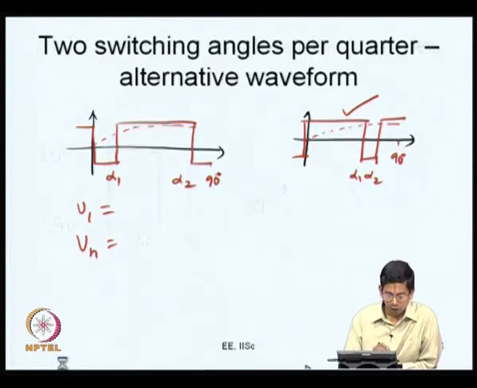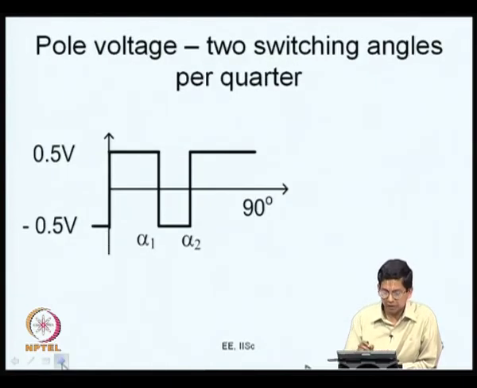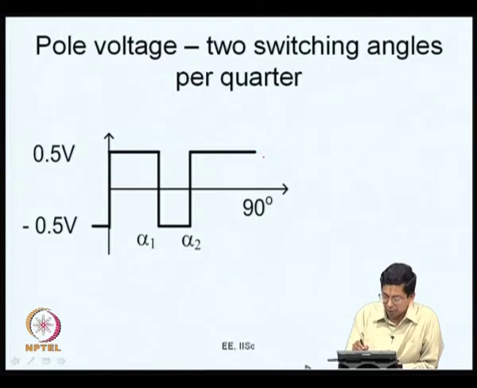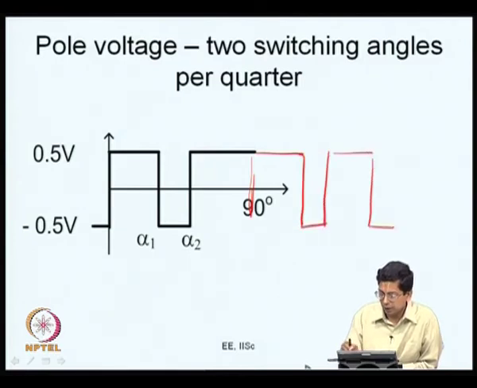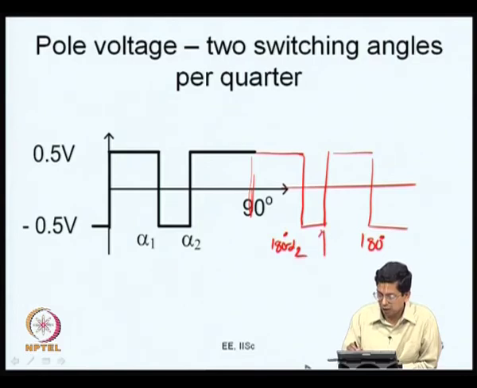So, we will be considering this for some more time to come, and the equations are as we have given now. What we will look at is this problem of 2 switching angles per quarter, and once again let me reiterate, only 1 quarter is being represented. If I want to extend this, I can extend it like this. So, this will be 180 degrees, and what is this angle? This angle will be 180 minus alpha 2 and this angle will be 180 minus alpha 1.